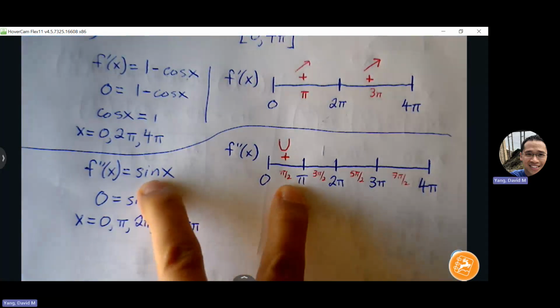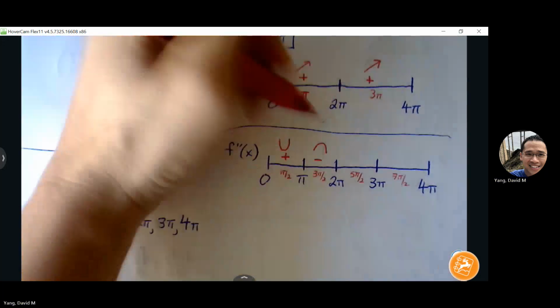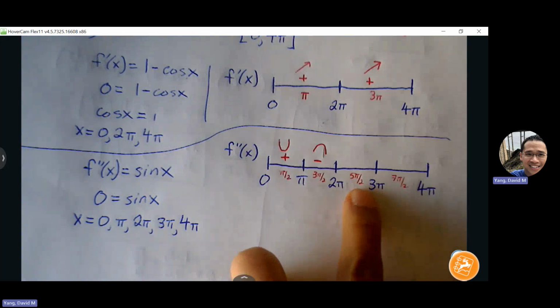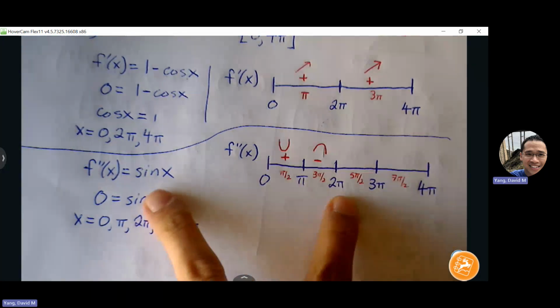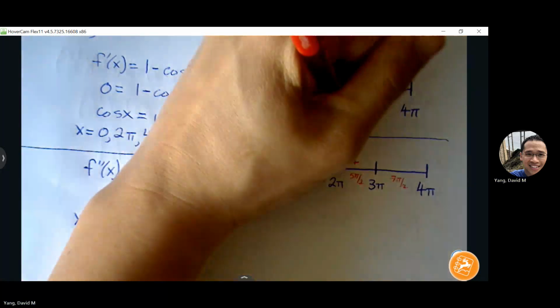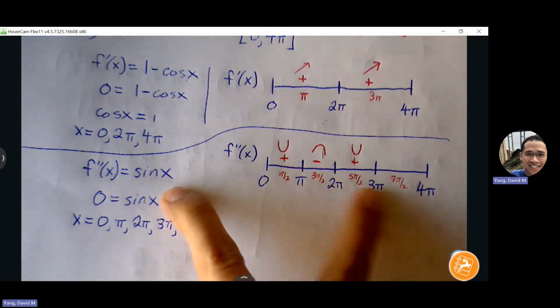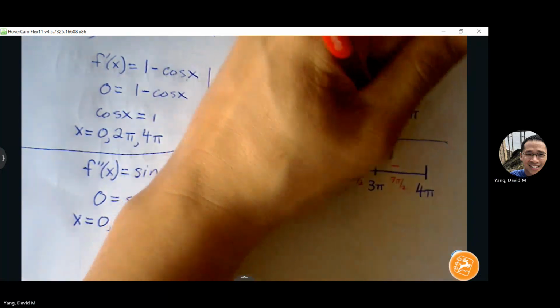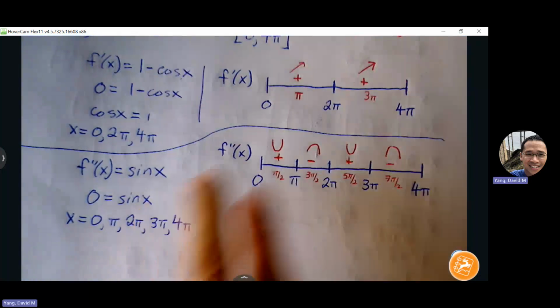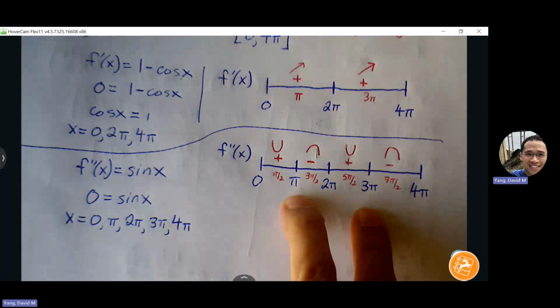Sine of pi over 2 is positive, so that's concave up. Sine of 3 pi over 2 is negative, concave down. 5 pi over 2, if I subtract 2 pi, is the same thing as pi over 2, so sine of 5 pi over 2 is positive. Sine of 7 pi over 2 is the same as sine of 3 pi over 2, negative. So even though there's no relative max or min, we do have points of inflection on our graph.